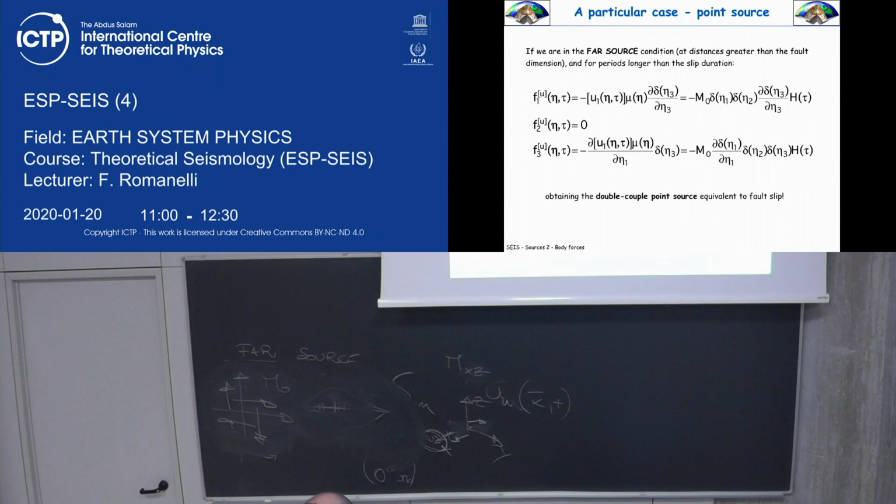So actually the representation theorem that I was showing to you with the abstract was saying, okay, the representation theorem for a point source will be a double couple for pure shear dislocation. And that's the end of the story. And that is the most adopted model of a source.